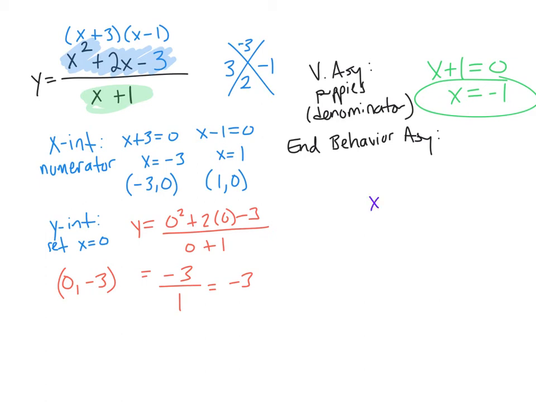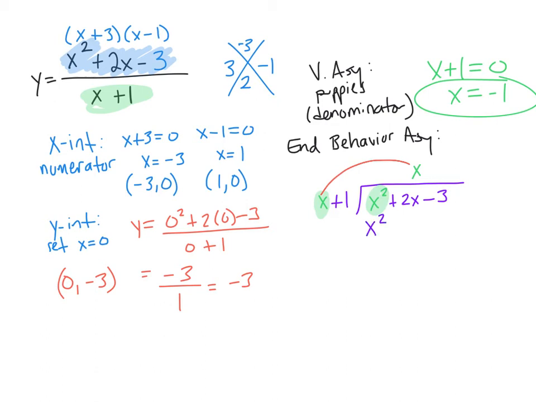So I have x squared plus 2x minus 3, divided by x plus 1. Remember, I'm just looking at the first terms. So x times what will give me x squared? If you answered x, you are correct. Then x times x is, anybody? X squared, good.